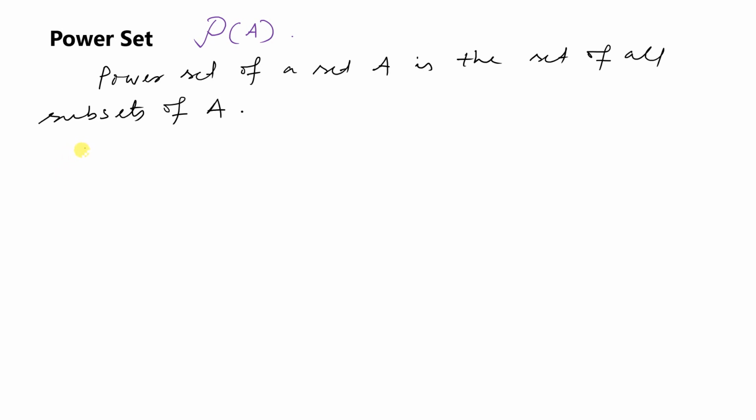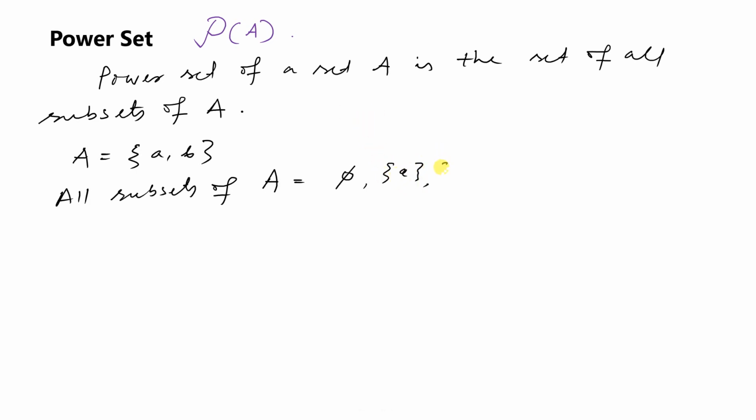So let's suppose A is equal to {a, b}. Find all the subsets of A. First the empty set, which you can write like this, then {a}, then {b}, then {a, b}. All the subsets of A are these.